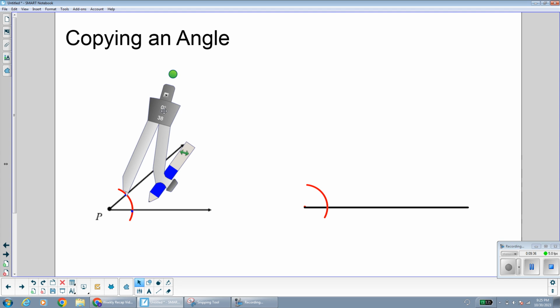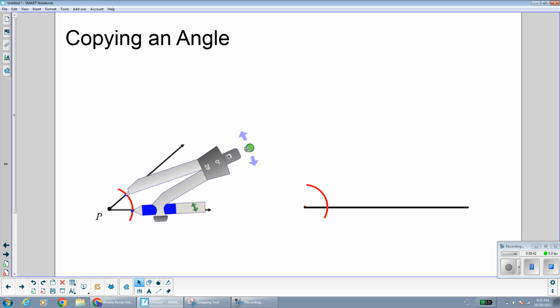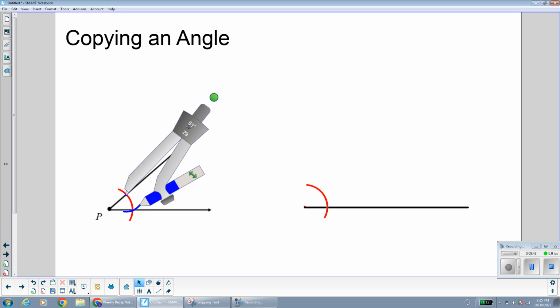I'm going to put my compass on one of those points, and I'm going to open up to the other, and swing an arc to show that I measured.